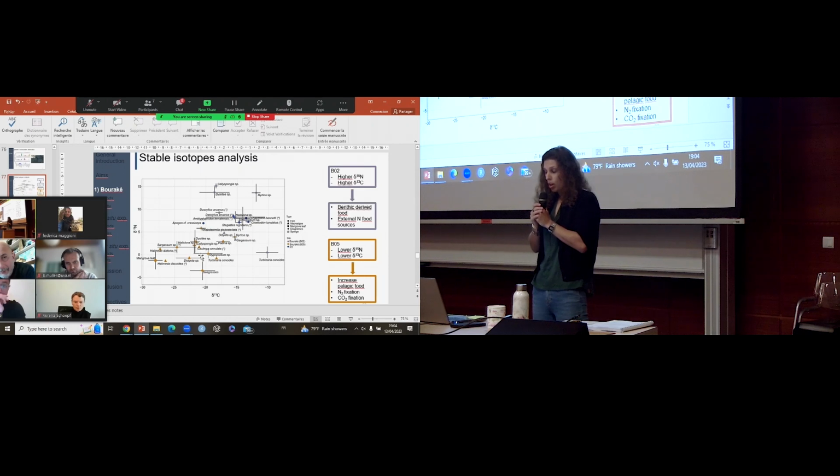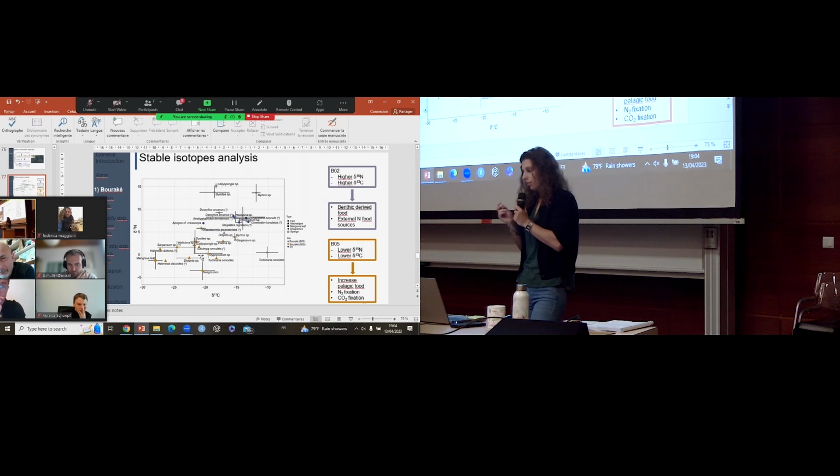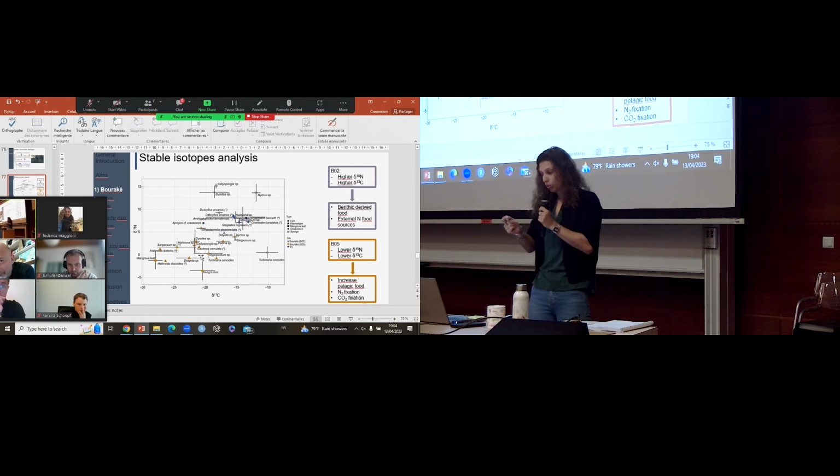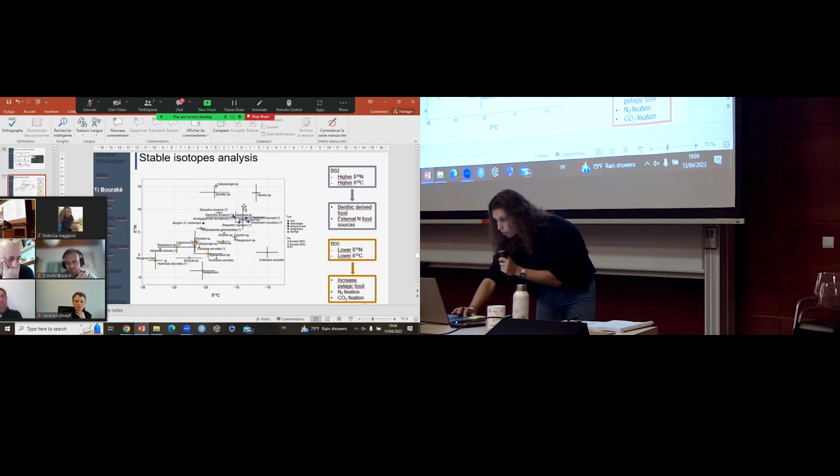And also the fact that I show Chloroflexi and cyanobacteria could explain these differences in carbon and nitrogen. And from the outer lagoon, they are higher in nitrogen 15 and carbon 13.